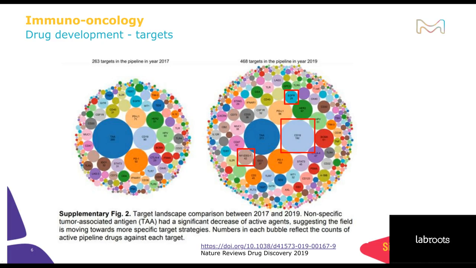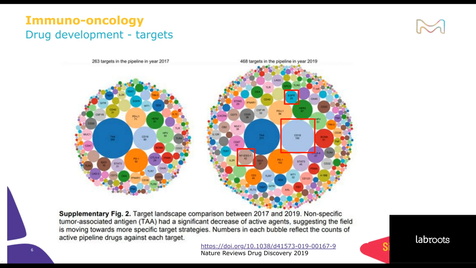And when we think about what these targets could potentially be, this is a screenshot from a figure from a paper published in 2019 that shows the target landscape compared for drugs in the pipeline in 2017 to 2019, so only 2 years difference. What we can see here is obviously there is a wide increase in the number of targets that are going to be investigated within just those 2 years.